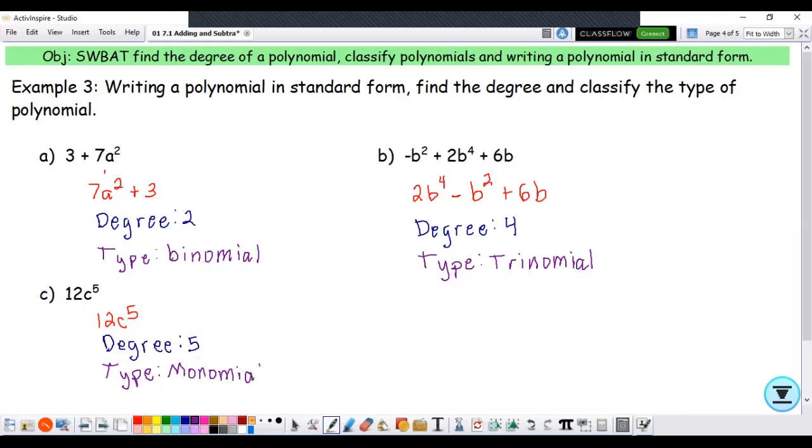If you have a polynomial that has more than 3 terms to it, we will just call it a polynomial. The only ones we will classify as being something special will be a monomial, a binomial, or a trinomial. Anything else will be called a polynomial.